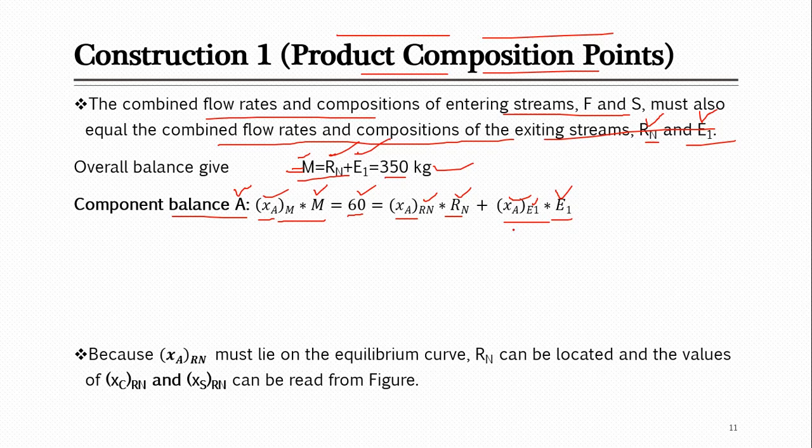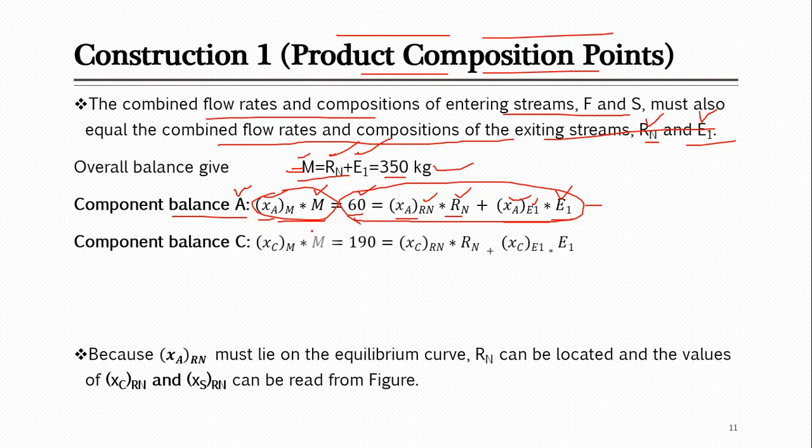This is a simple material balance. So overall you will have the equation 60 equal to all this part. This is one equation; one was the overall material balance, and based on the component balance on A, you have this equation.